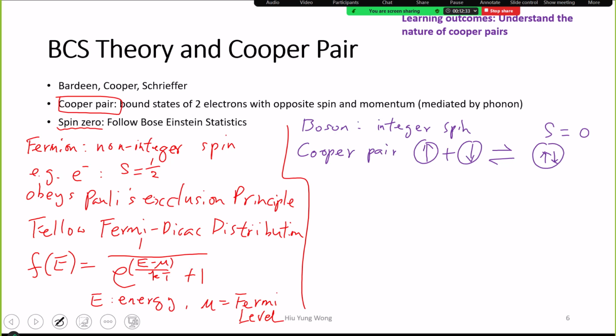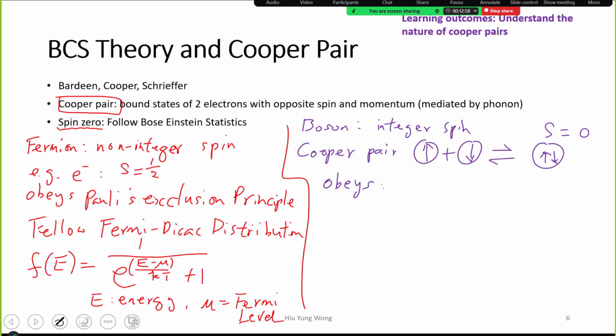So this is very interesting. You see, it's supposed to follow a certain statistics. But now, because of the low temperature, they got paired up and they have zero spin. You treat it as one particle, right? And what does it do?